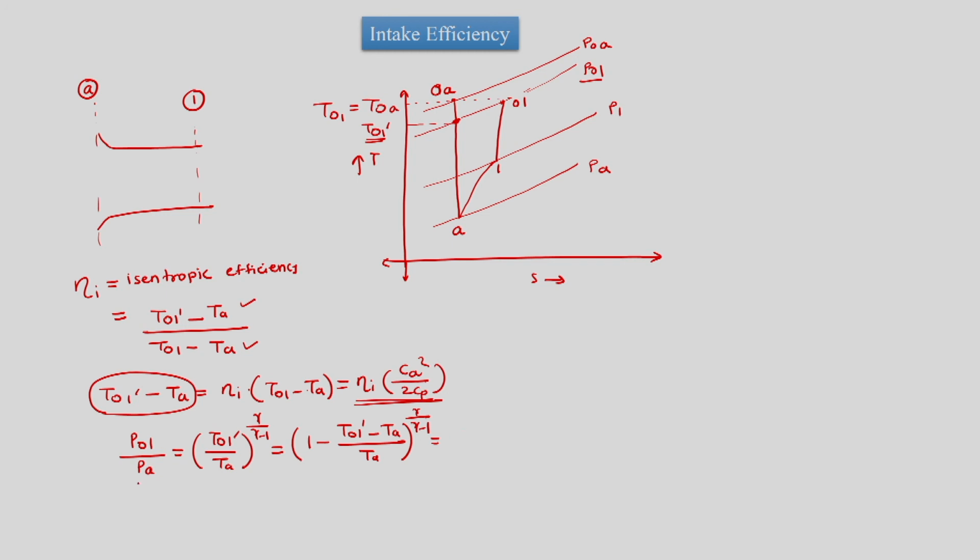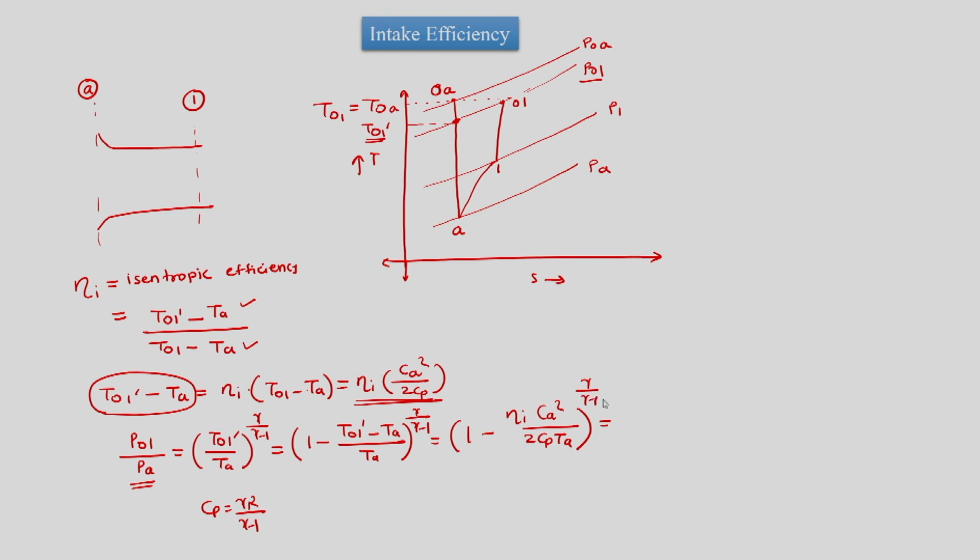So we get P naught 1 upon Pa is equal to 1 minus isentropic efficiency into Ca square upon twice Cp Ta. But we know that Cp can be written as gamma R upon gamma minus 1.